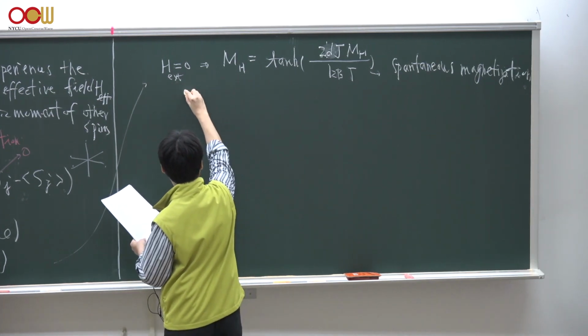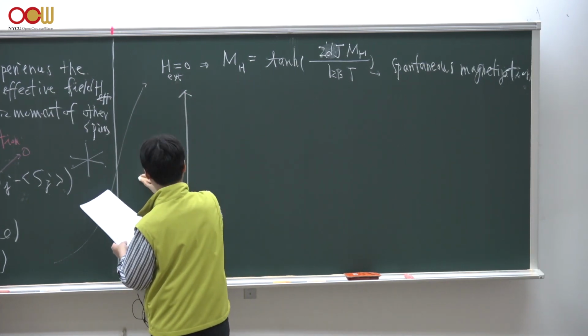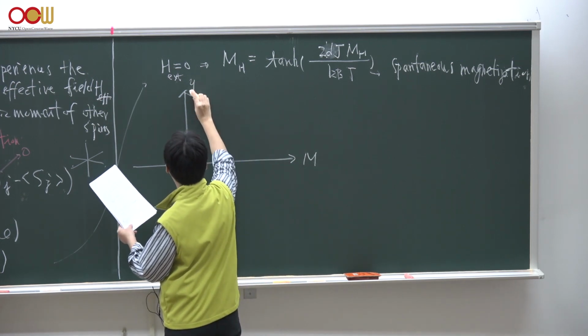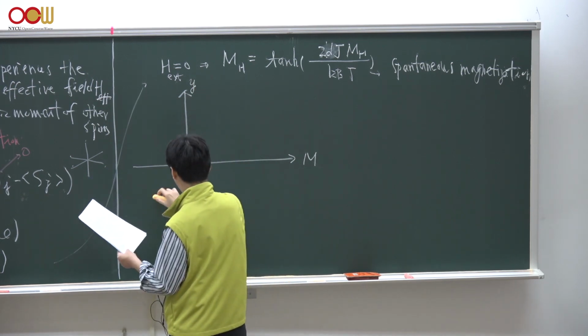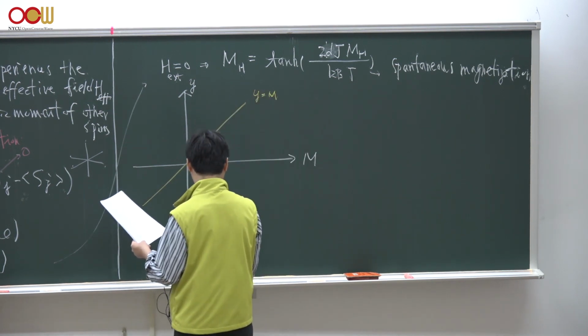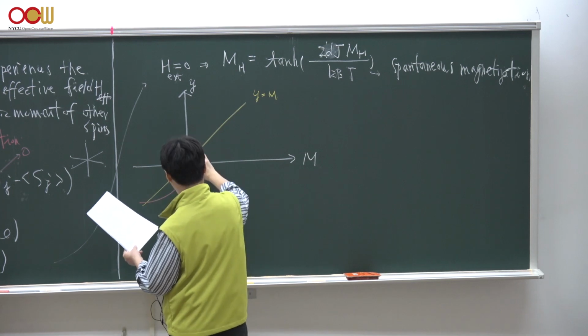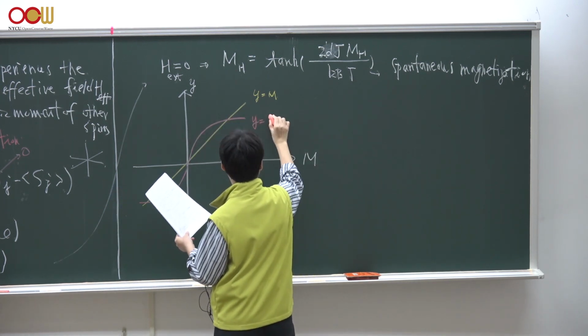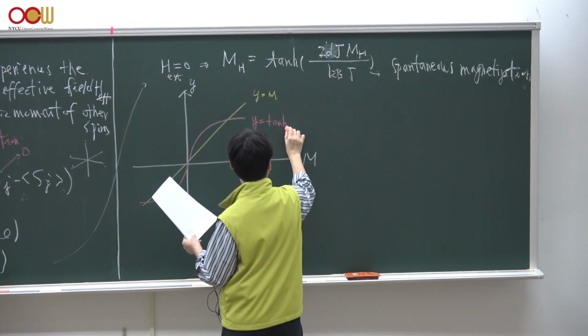So then we just do what we have done before. This is the magnetization, and this is y, and we have a line which shows y equals m, and we have another curve which intersects with the yellow line, and this y is the hyperbolic tangent function.